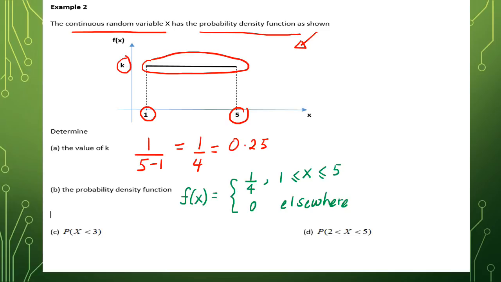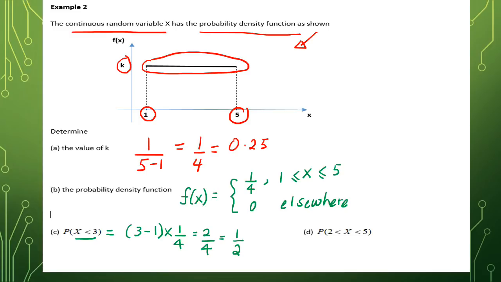Okay, now let's look at part C. Part C is asking you to find the probability of x less than 3. If I want to use area, I just need to find the area: 3 minus 1, which is the width, times the height, which is 1 over 4, and I will get 2 over 4, which is 1 over 2.